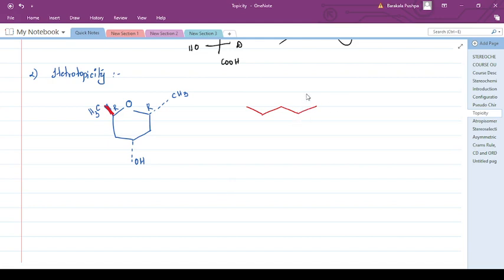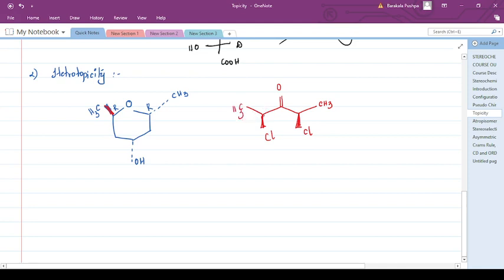For example, you take another molecule. Suppose you have here CH3, again above the plane of the paper you have a chloride, and again above the plane of the paper one chloride, again CH3.